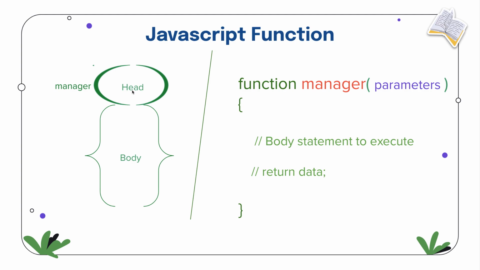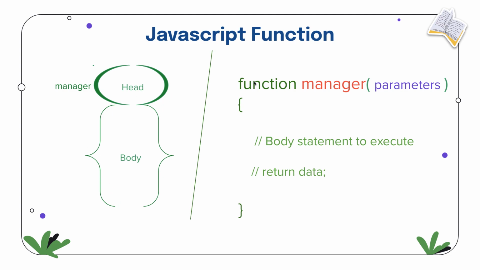In the head he will take all the inputs and serve them to the body. Whatever implementation or task he has to do, he will proceed with in the body section. And whatever information he has to collect from the outside world, he will take in the head.